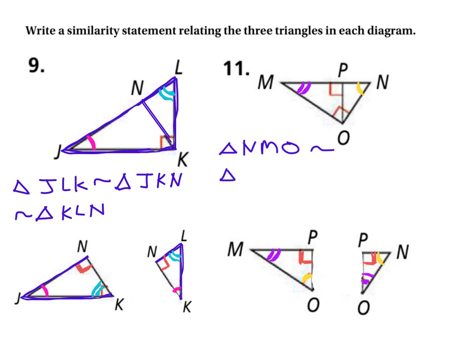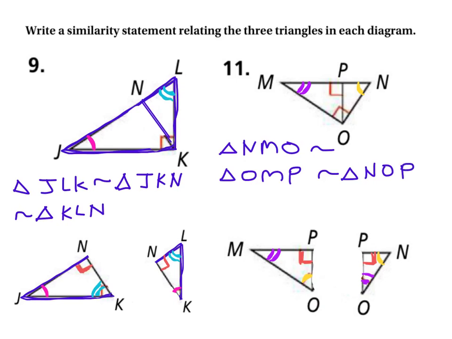We're going to go single mark yellow O to double mark purple M to right angle P, and that's also similar to this triangle, single mark N, double mark O, right angle P.